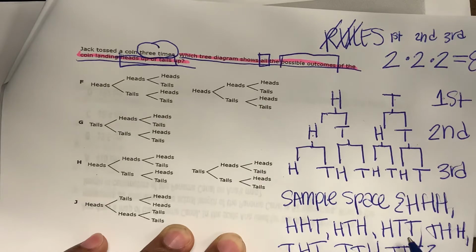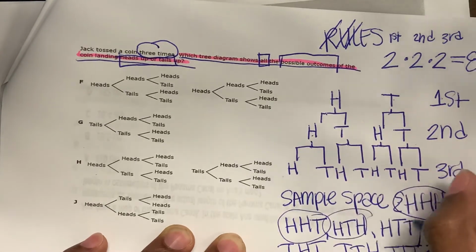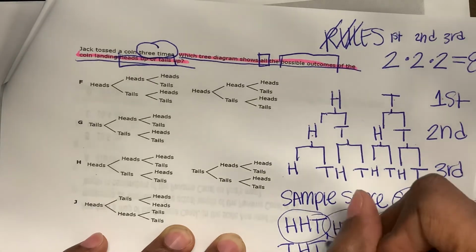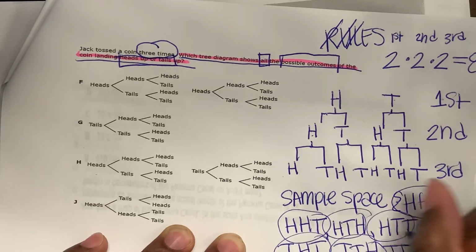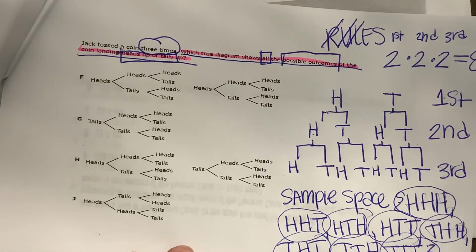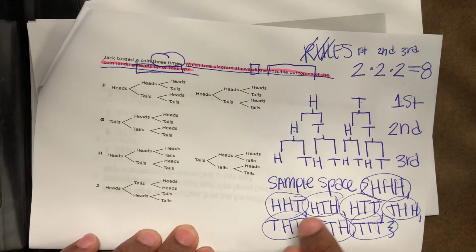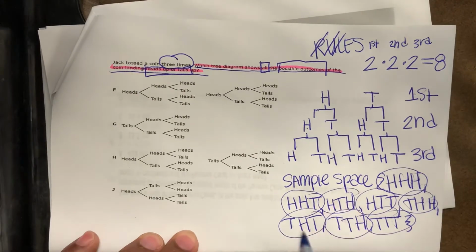So how many total outcomes do we have? It should be 8. So we have 1, 2, 3, 4, 5, 6, 7, 8 total outcomes. And so the only answer choice that we have here that fits that, let me scoot back a little bit.